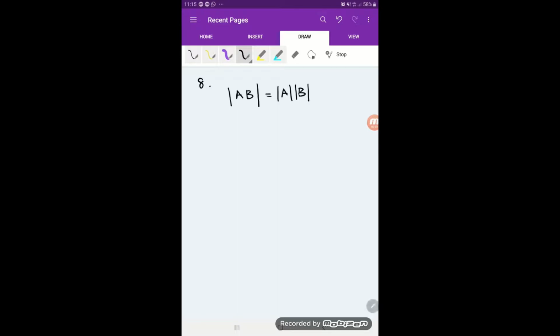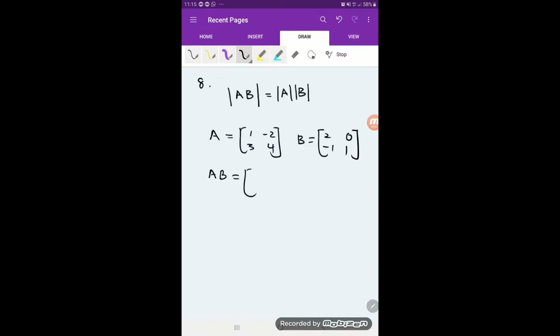Example: matrix A is 1, negative 2, 3, 4, and matrix B is 2, 0, negative 1, 1. So find the product of matrix A and B.